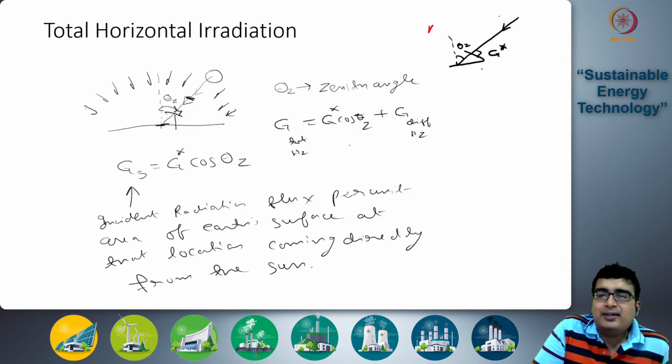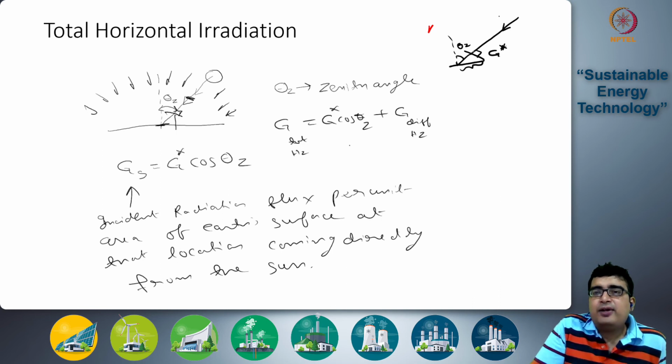So what we can see here is that this area is different from this area which is oriented normal to the sun, correct? And so the solar beam spreads out over a bigger area.